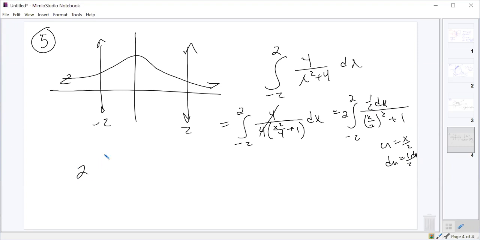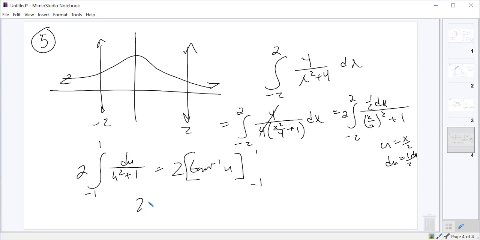And you've got 2 times the integral of du over u squared plus 1. Since u was x over 2, the limits become -1 and 1 instead of -2 and 2 when you take half of each of them. Now this just becomes 2 inverse tangent u from -1 to 1.